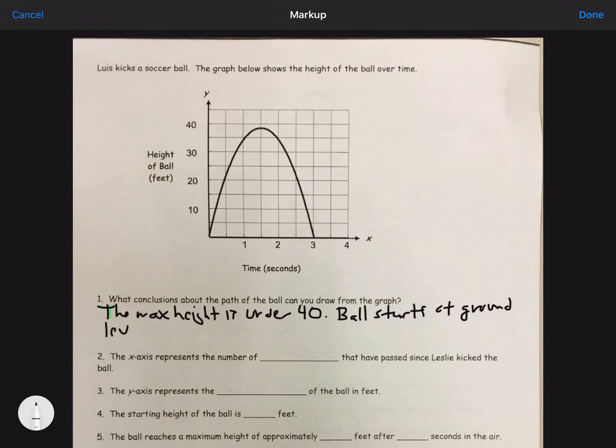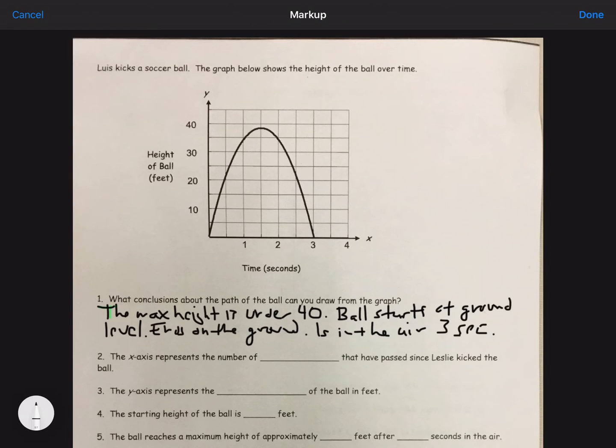What else can we notice? It ends on the ground. How long is it in the air? So it's in the air 3 seconds.